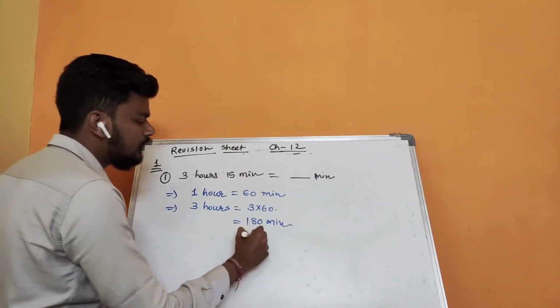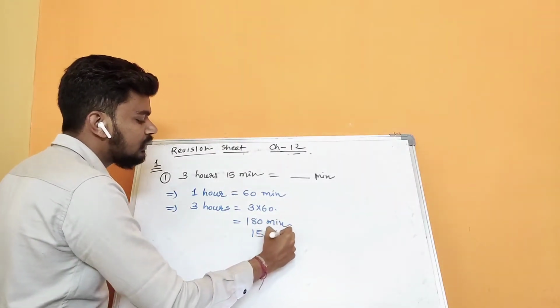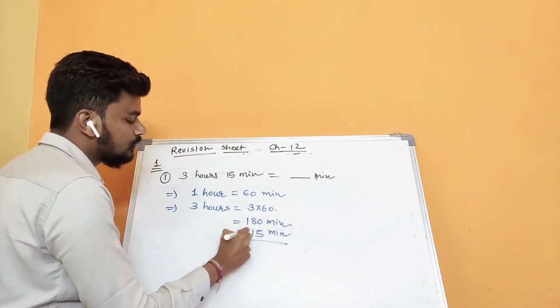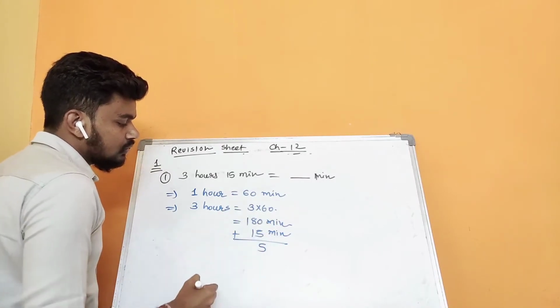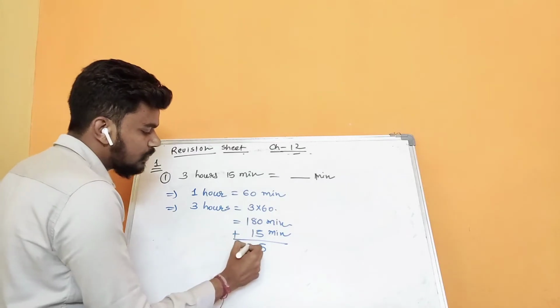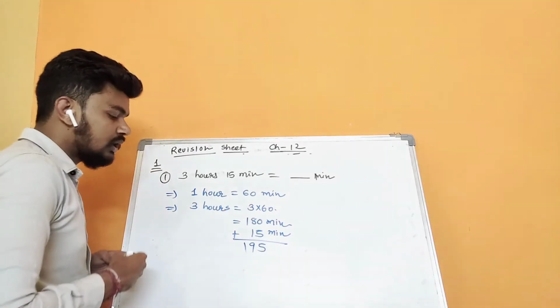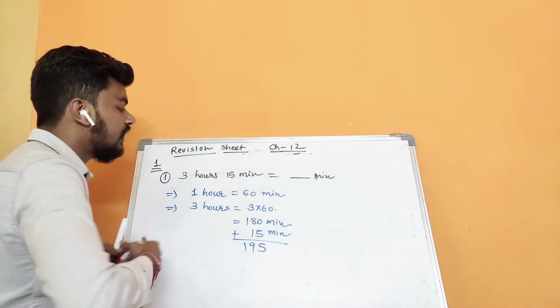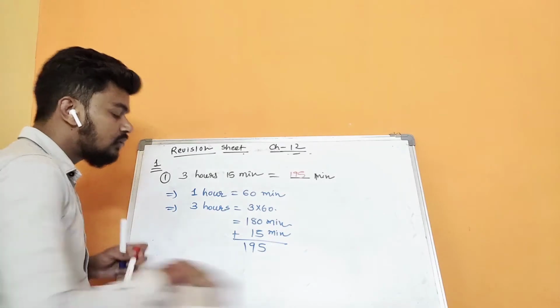This 15 minutes is added to this 180 minutes. So 0 plus 5 is 5, 8 plus 1 is 9, and this 1. Done. So the answer of this one is 195 minutes, right? So that's how you have to do the question.